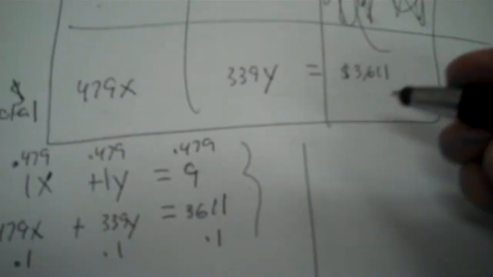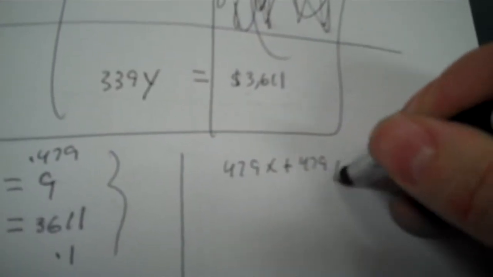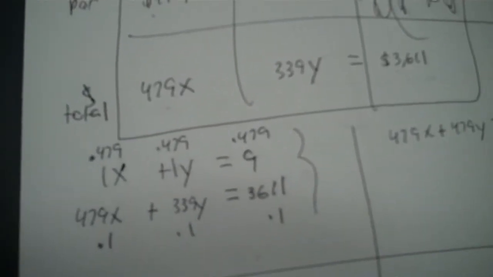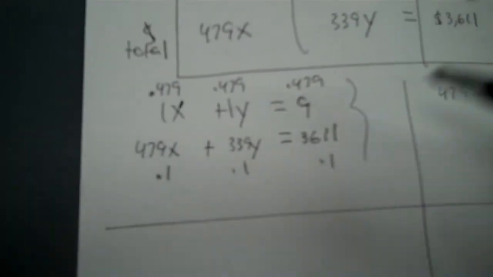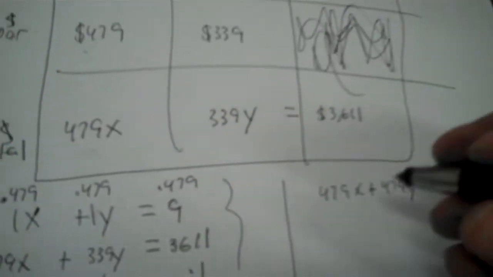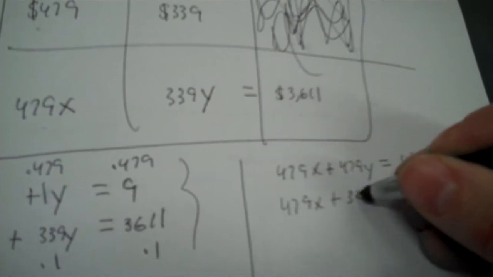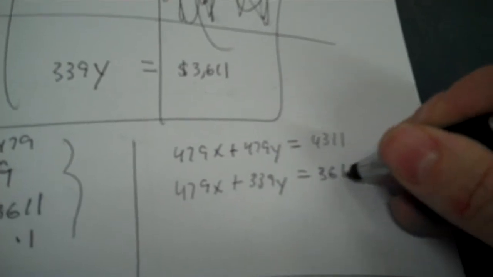So we have to multiply the rest of this by 479 and the rest of this by 1, okay? So the top, I end up with 479X plus 479Y. And then 9 times 479 is 4,311. And the bottom would just stay the same because all I'm doing is multiplying it by 1. 479X plus 339Y equals 3611.